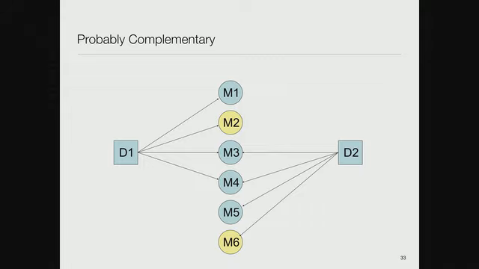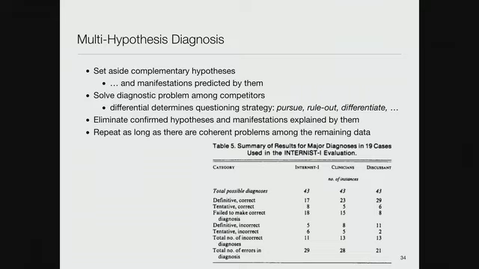And so it's somewhat more likely that there may be two diseases present. So what INTERNIST had was this interesting heuristic, which said that when you get that complementary situation, you form a differential around the top-ranked hypothesis. In other words, you retain all those diseases that compete with that hypothesis.